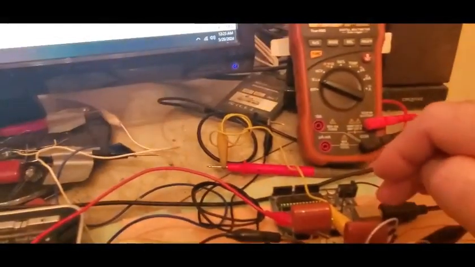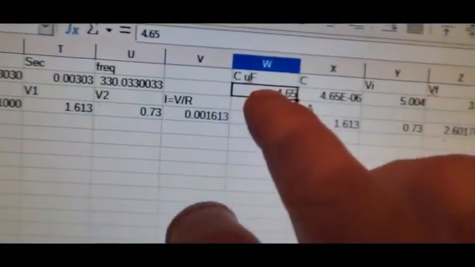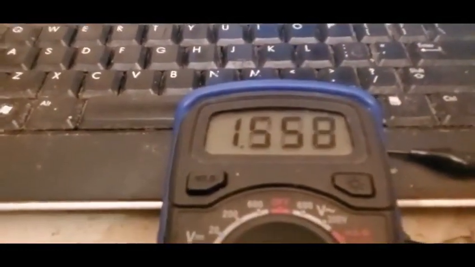Now another thing, I had calculated that wrong, because I had left this as 10 UF, but we've changed this cap to 4.65 UF, haven't we? Yes, we have. So it's 4.65 UF. So that's our milliwatts in, 3.61. Now we have 1.613, 614, we'll leave it there for now, and 0.73.